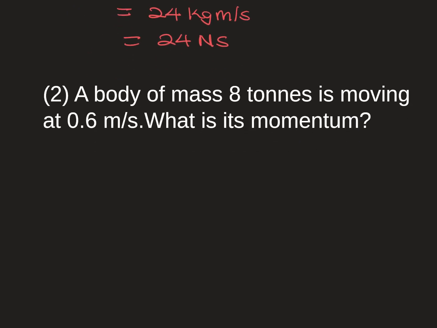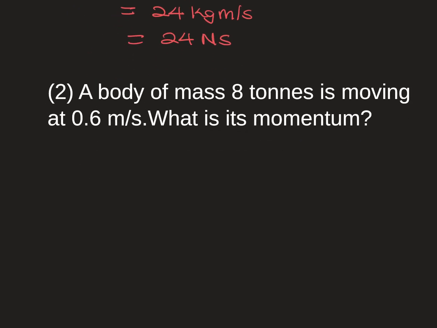We move on to the second question. It says a body of mass 8 tons moving at 0.6 meters per second. What is its momentum? So the mass is 8 tons and the velocity it is moving at is 0.6 meters per second.